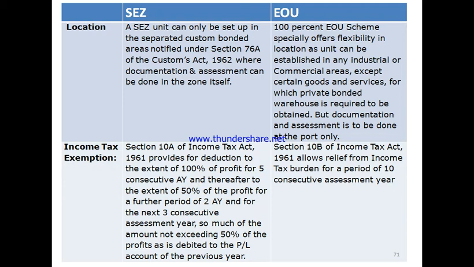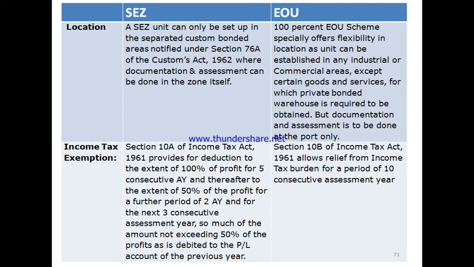A 100% export-oriented unit can be set up anywhere in the country, but special economic zones can be set up only in specified areas, which are separated and deemed to be outside the customs jurisdiction, and therefore they are treated as foreign territory.